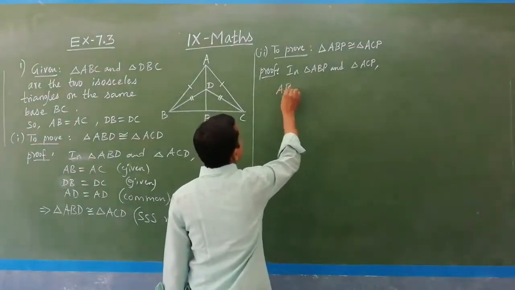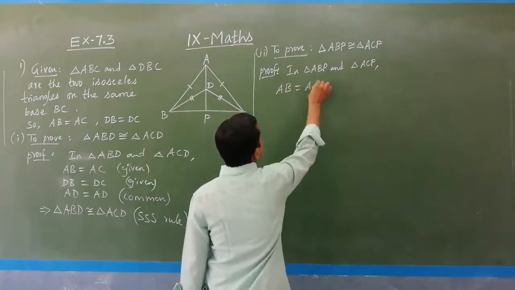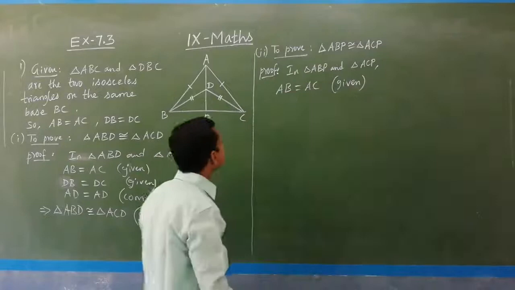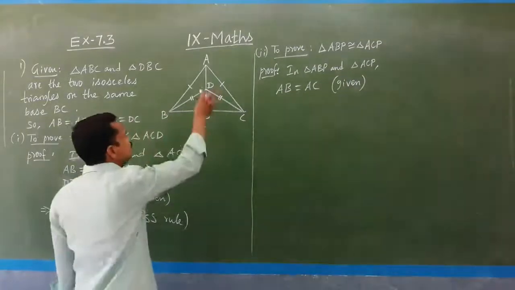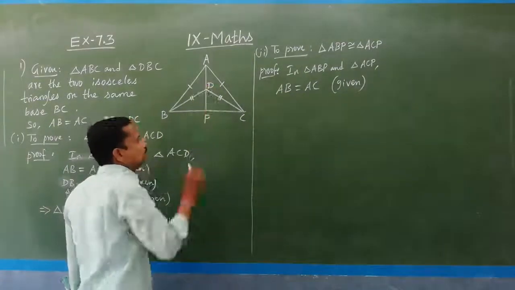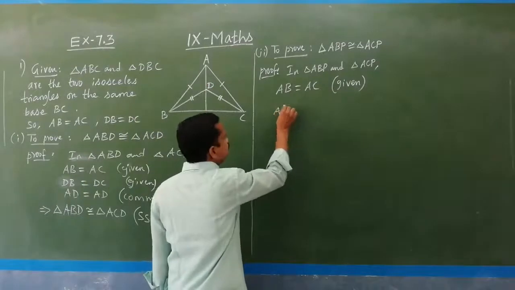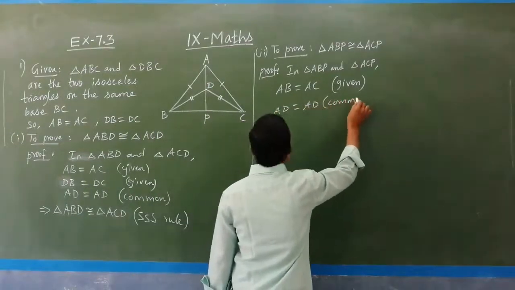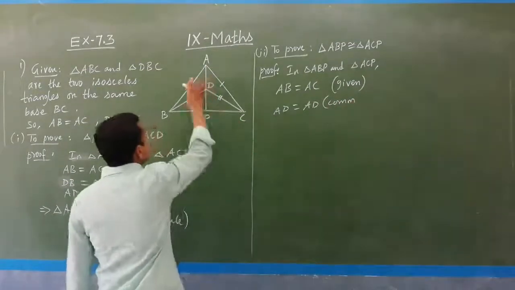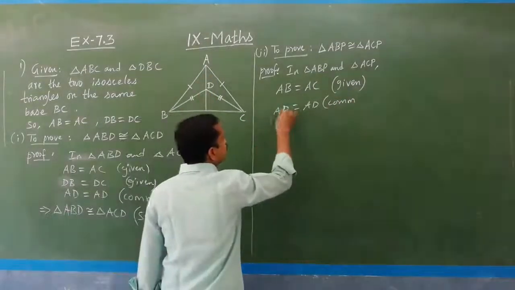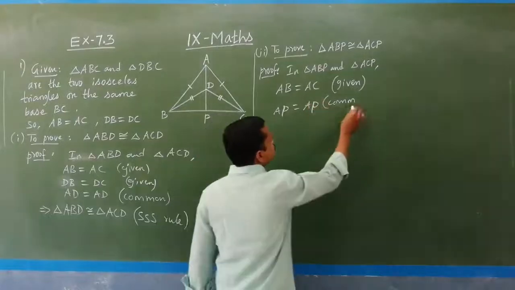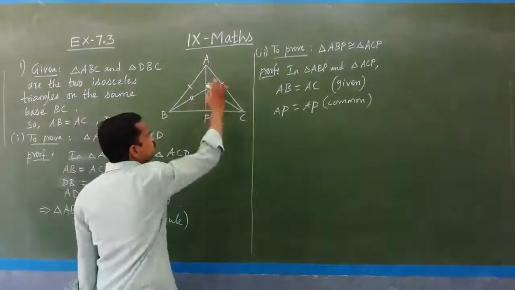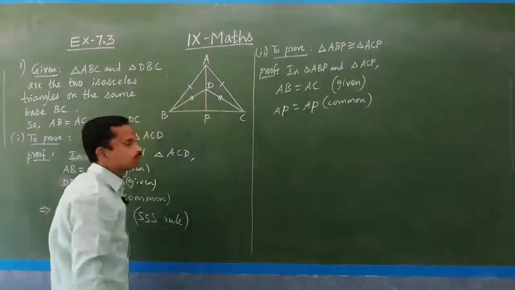AB equal to AC, this is given. Sorry, in ABP we have to take AP. AP is the common side in both triangles ABP and ACP.